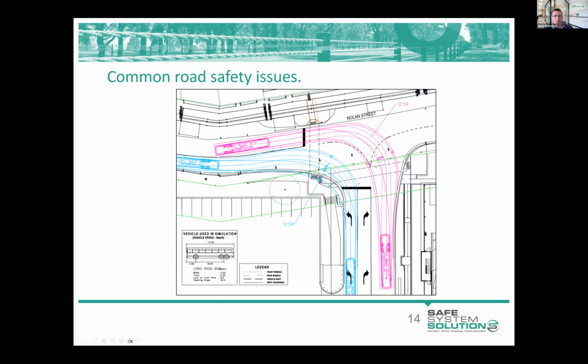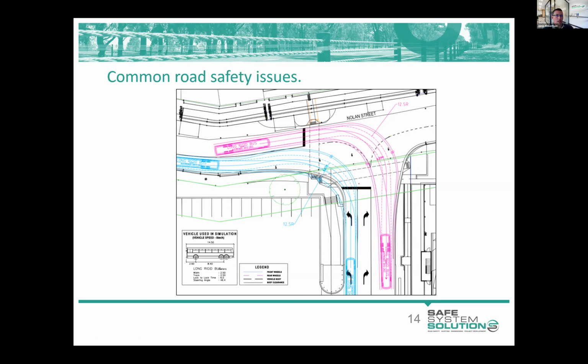So I guess I raise this example to demonstrate that swept path diagrams are something that can be quite easily fudged. Designers can construct turns using multiple radii or using radii that are less than those prescribed in the Austroads guides.